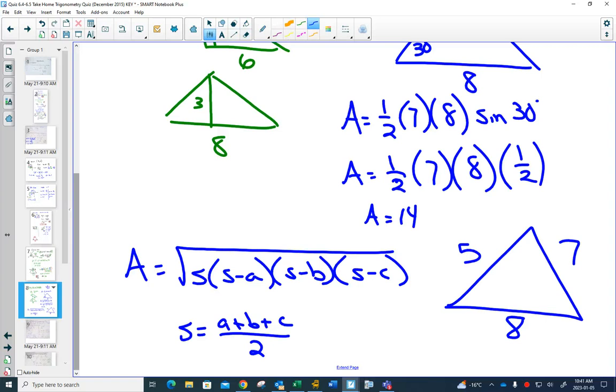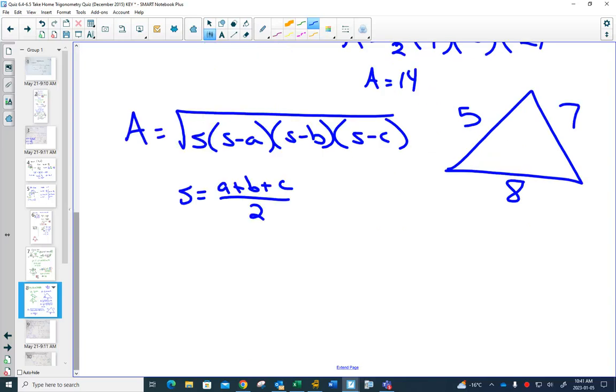So, there's an area of a triangle formula where you know all 3 sides. In this new formula, the letter S is called the semi-perimeter because it is half the perimeter. A plus B plus C would be the perimeter, which if I add that up, that gives me 20. The semi-perimeter is cutting that in half. Since the perimeter is 20, the semi-perimeter is 10.